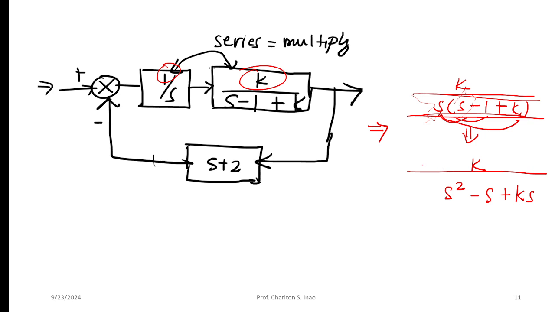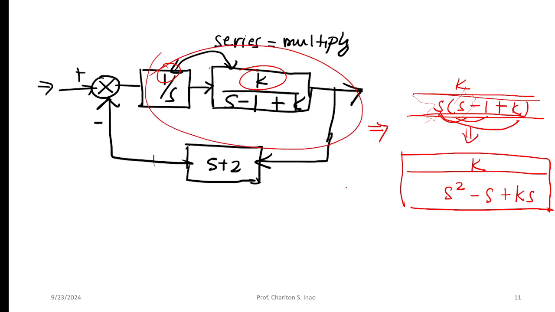Okay? So this whole thing is this, right? So we're gonna put that here. So there's a summing junction and there's a signal here. Then it's gonna be positive, and then there's a feed forward here, and then there's a feedback loop here. S plus 2.